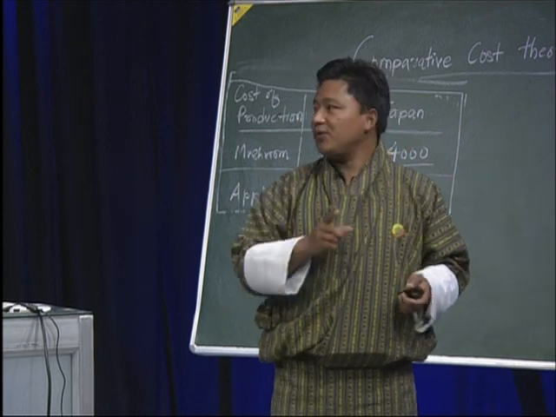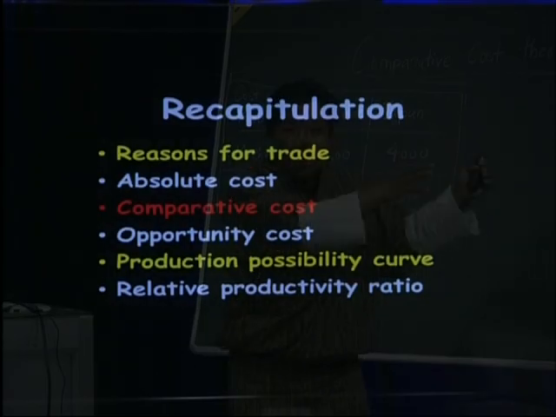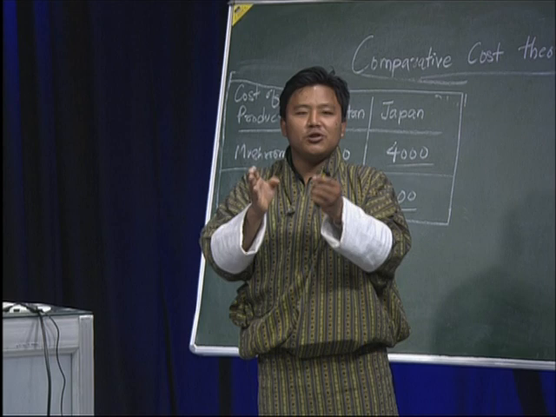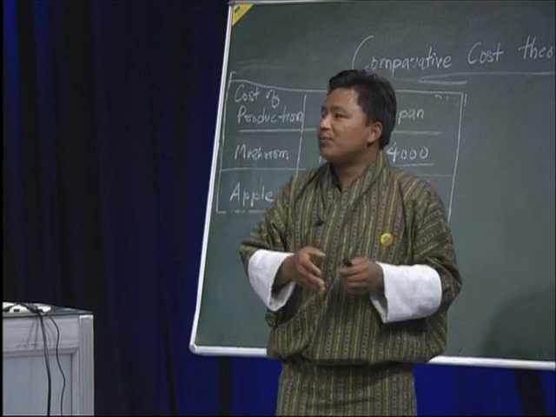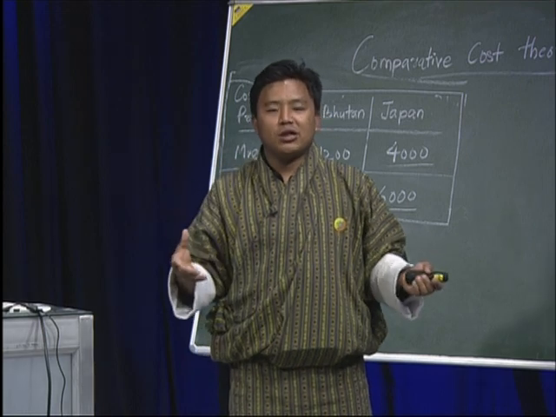So this is the definition of comparative cost, and we have also learned what is meant by opportunity cost, and we use this concept in calculating the theory of comparative cost advantage. And we have also used the production possibility curve to represent the calculations done by the opportunity cost. And finally, we have also used the relative productivity ratio to calculate the comparative cost theory.